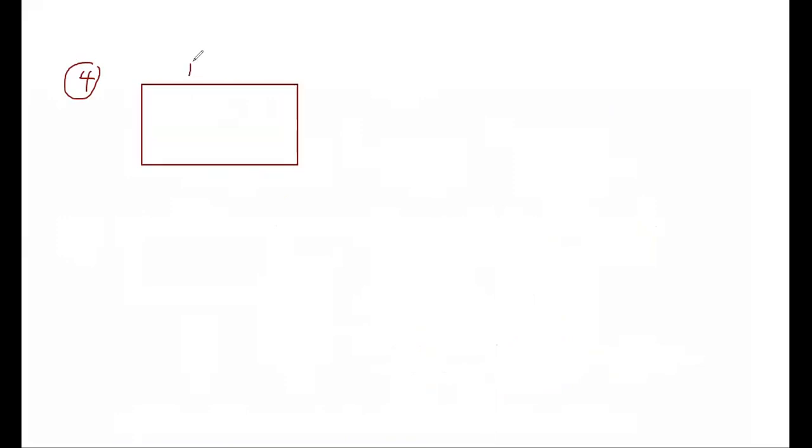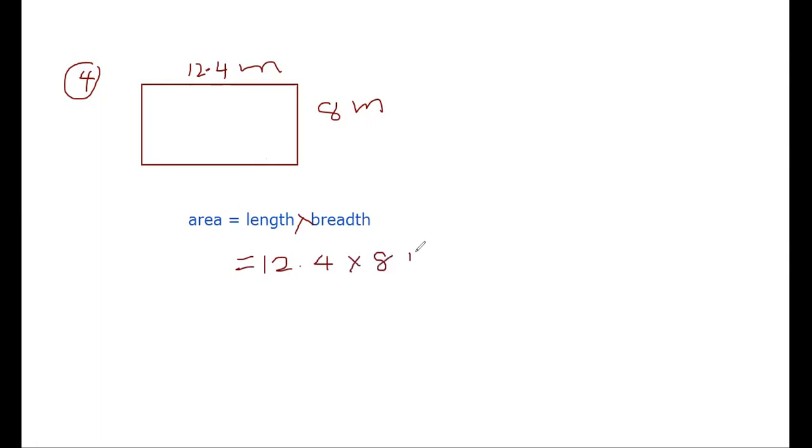The length is given as 12.4 meters, breadth is given as 8 meters. We have to find the area. We can write the formula: area equals length multiplied by breadth. Then you can substitute the values. Length is 12.4 meters multiplied by breadth 8 meters.